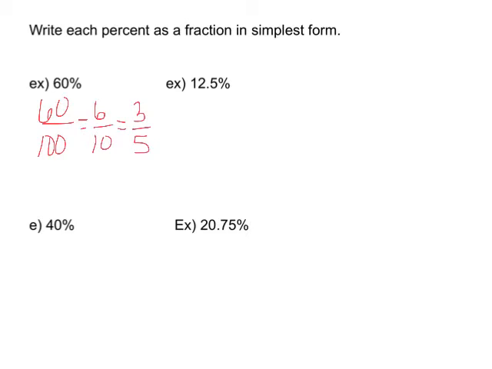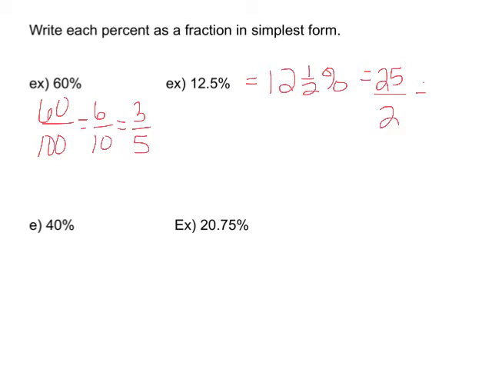For our second example of 12.5%, I'm going to make it into an improper fraction, so I get 25 over 2. And you see that when I compare to 100, it's also a way of saying I'm dividing by 100.